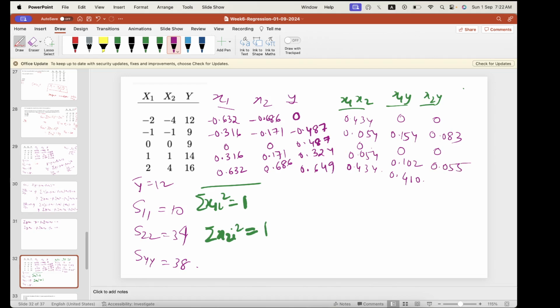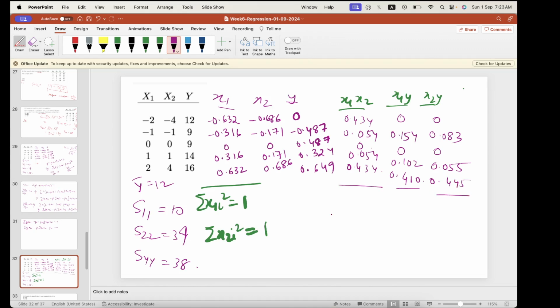And then again 0.686 into 0.649. So this is 0.445. Okay, now we'll take a sum of all of these.